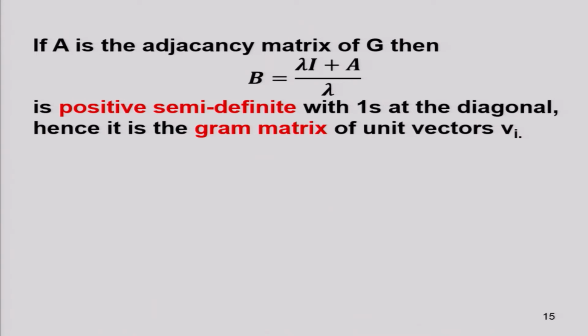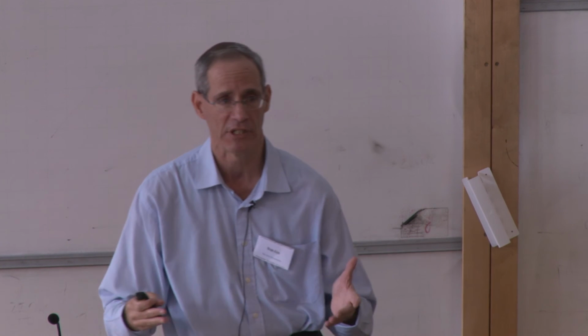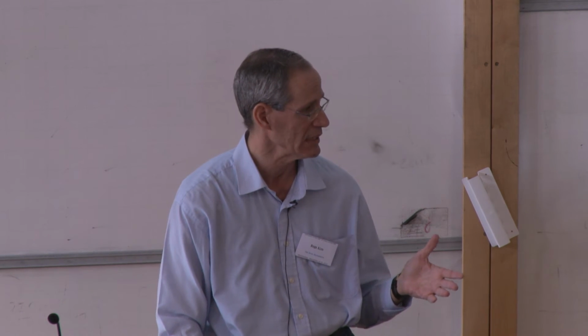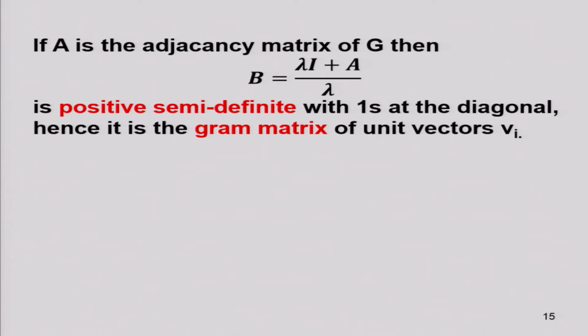And then we divide it by lambda, so now on the diagonal we have 1s. So this is a positive semi-definite matrix. It has 1s on the diagonal. Because it's a positive semi-definite matrix, we can write it as a Gram matrix of some vectors.